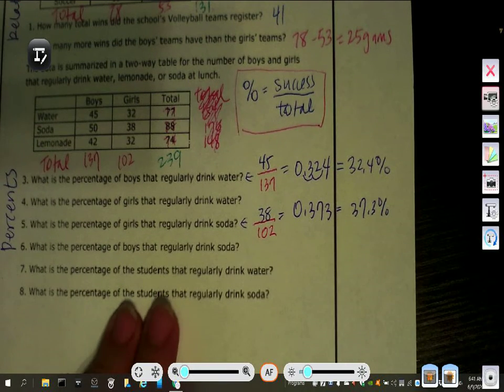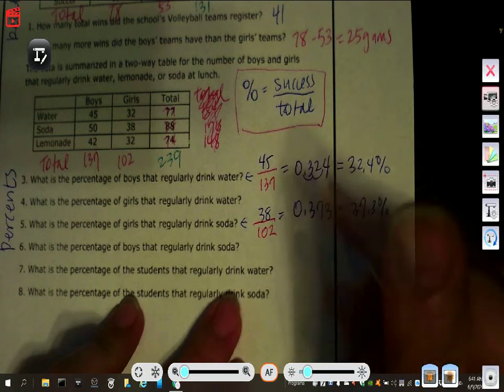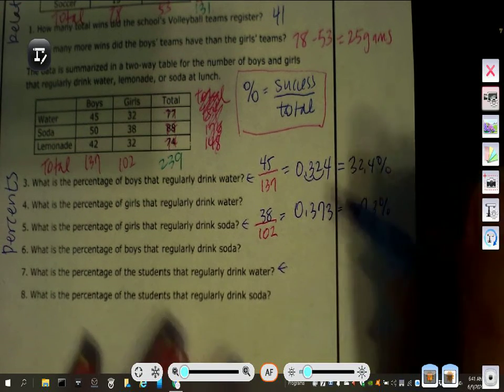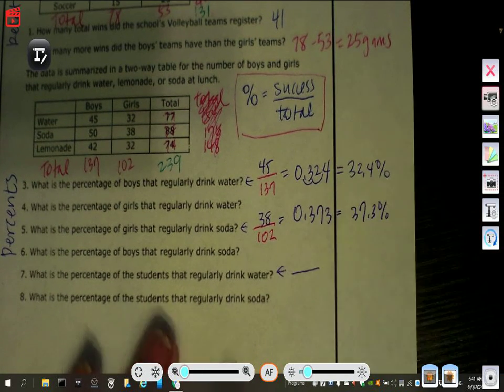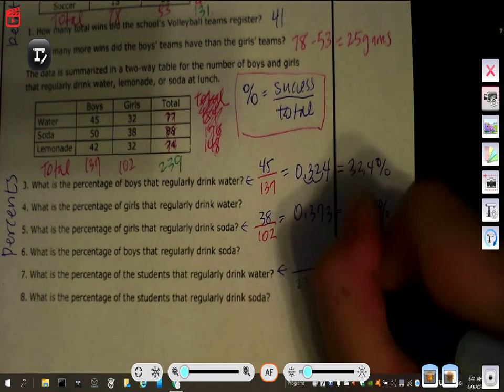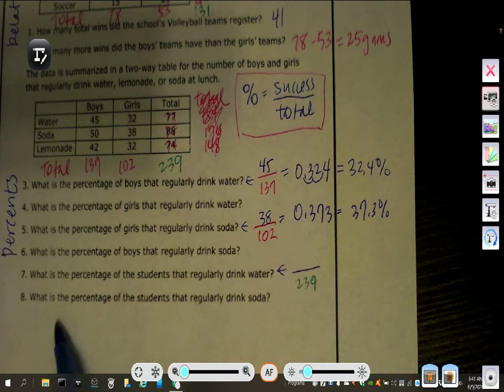Let's just do question number 7. What is the percentage of the students that regularly drink water? My success is still students that drink water, but out of the whole entire total. So the denominator will be the whole student population, which is 239.